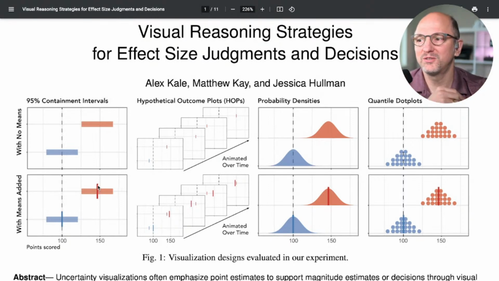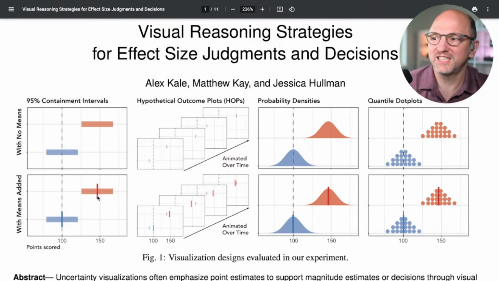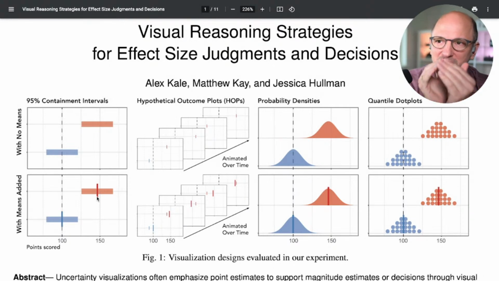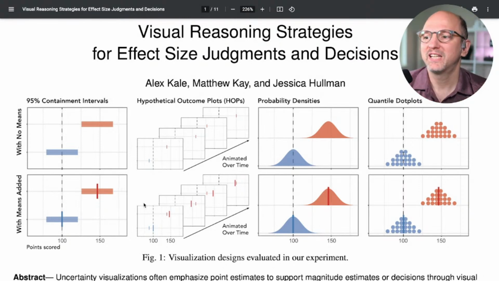So people just tend to take a shortcut and say, well, it's just the mean. So this is the most likely value, but it's not. I mean, it is, but it's not. That's not the only thing, because you have a distribution. There's a lot more going on here, and so they tested these different techniques against each other.